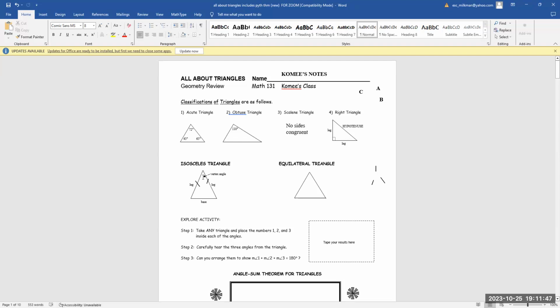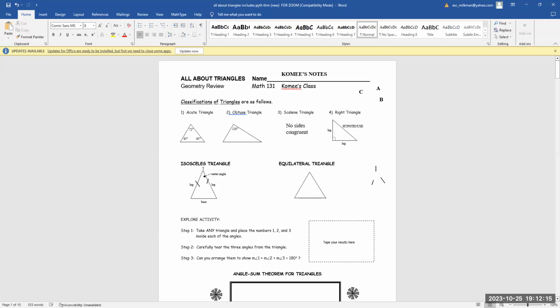The angle that is opposite the base is called the vertex angle, and the base is one of the non-congruent sides. An isosceles triangle has two sides congruent. Also, you're going to notice in an isosceles triangle that the base angles, this angle right here and this angle right here, are also congruent to each other.